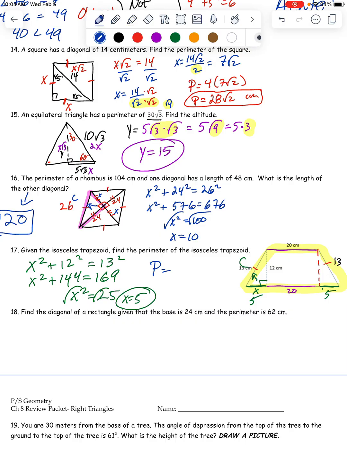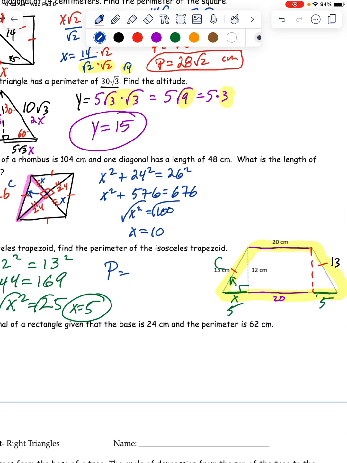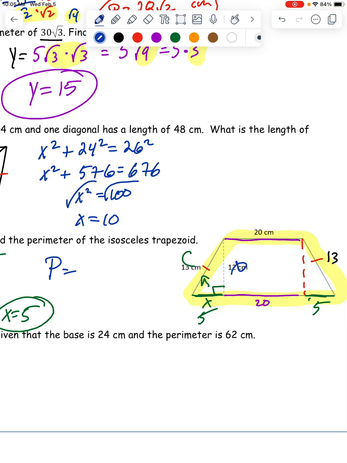That's the exterior. I do not include the 12 in my perimeter. The 12 is there to help me find 5. So to find the perimeter, I do 13 plus 20 plus 13 plus 5 plus 20 plus 5.